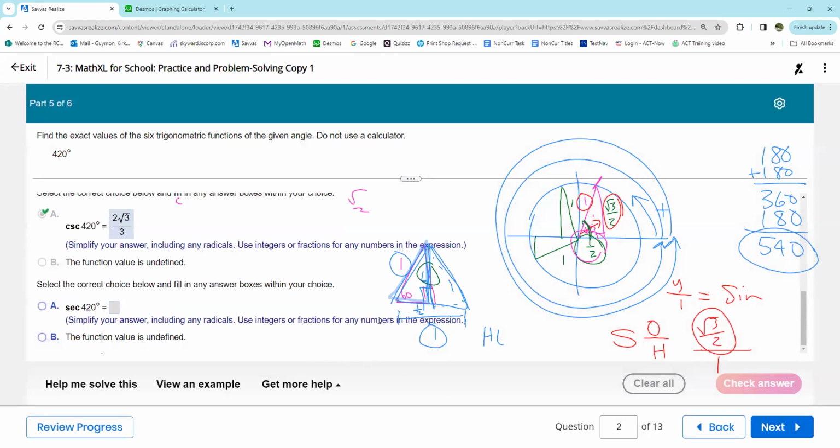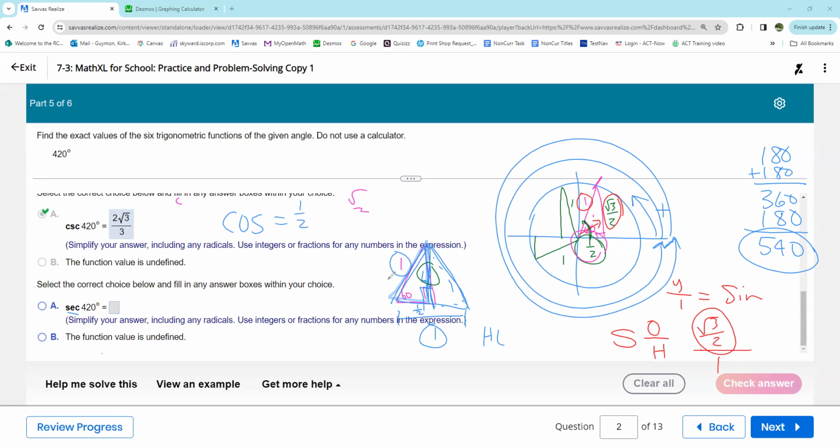The next problem is the secant. Secant is the reciprocal of cosine, as I just showed you moments ago. Secant is a non-co, and the only co it goes with is cosine. Secant does not go with cosecant. So we had the cosine, remember, was a 1/2.